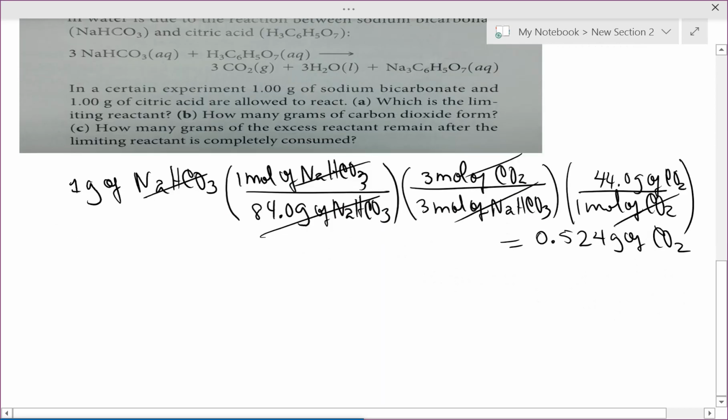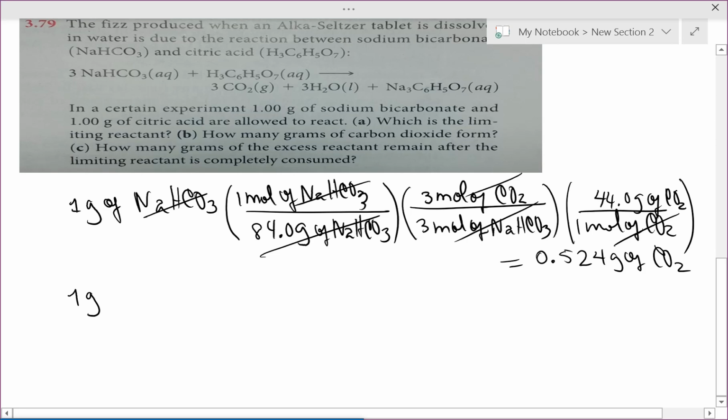Okay, now let's do the second scenario. Assuming that the citric acid is the limiting reactant in this case.